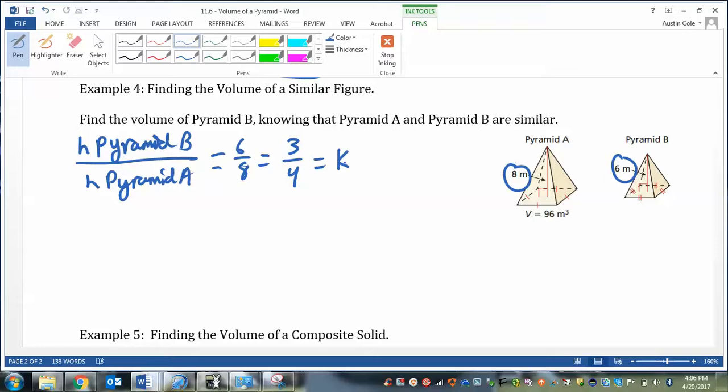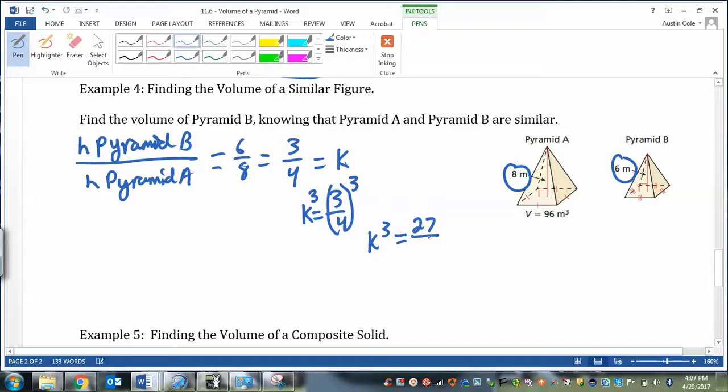So if you want to find the proportion that keeps the volumes similar, you're actually going to have to take 3/4, or K, and cube it, right? Volume is cubed. Okay, so K to the third is equal to 27 over 64.